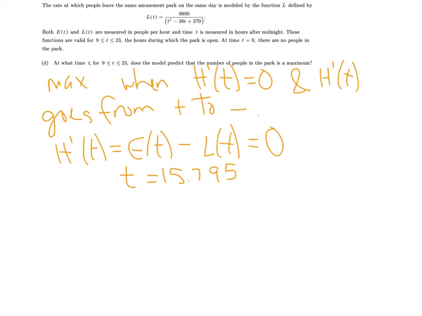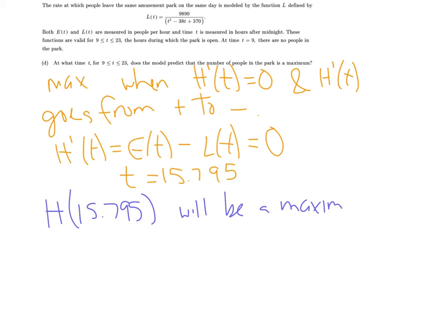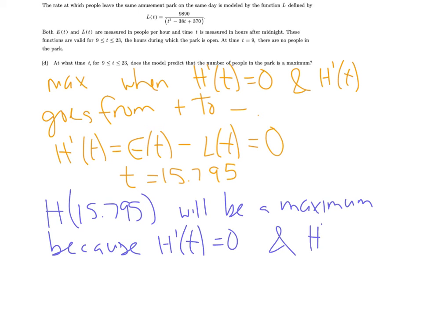So we can claim h of 15.795 will be a maximum because h prime of t equals 0 and h prime of t goes positive to negative.